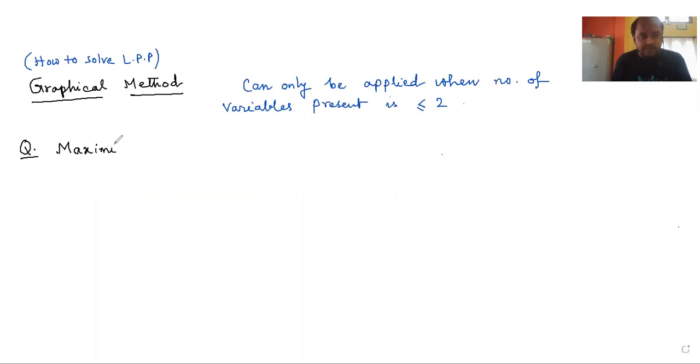So my problem is, say for example, I'm just giving it from my mind. Maximize z is equal to, say for example, 2x plus 3y.